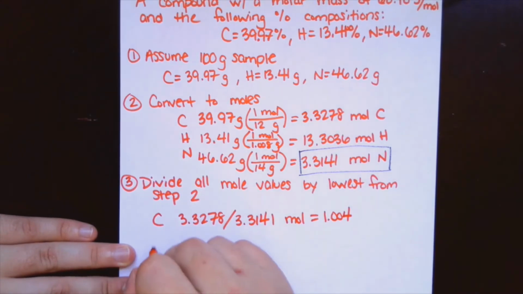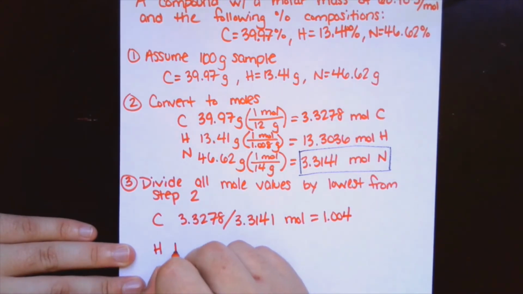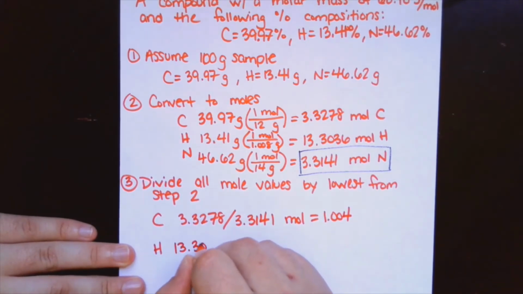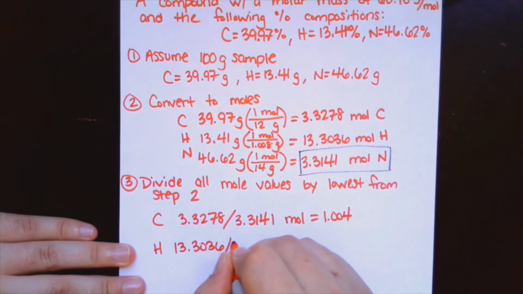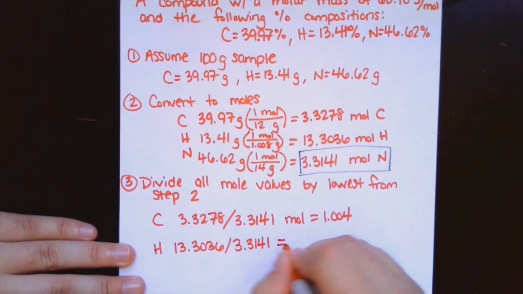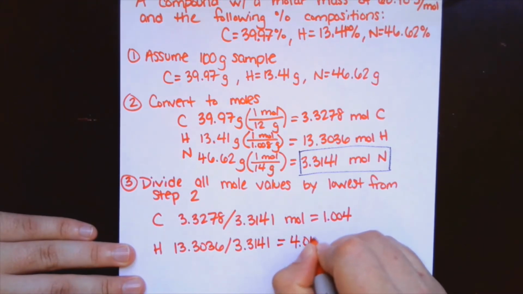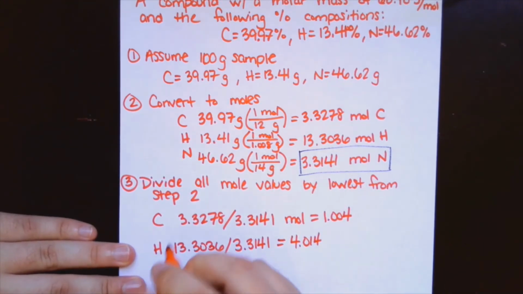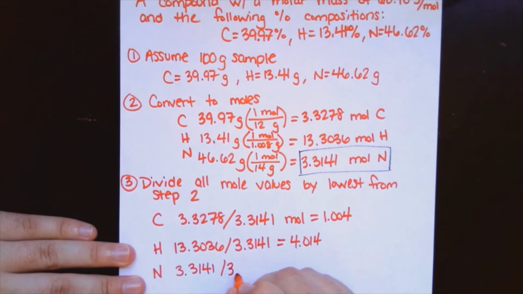For hydrogen, we've got 13.3036 divided by, once again, the lowest of the 3. That gives us 4.014. And of course, since we are dividing by nitrogen's number of moles, anything divided by itself is just going to be 1.